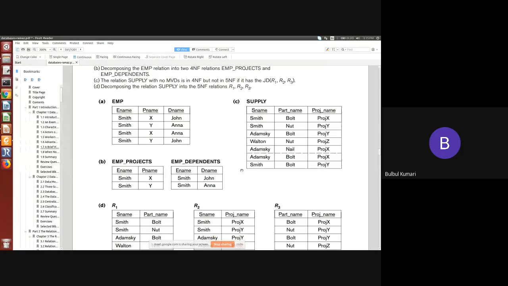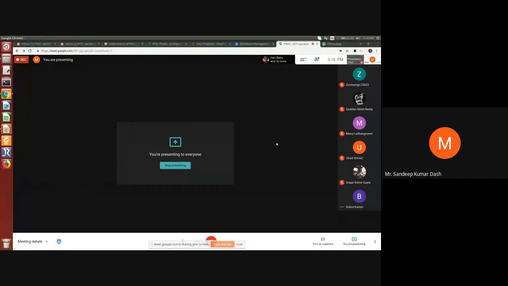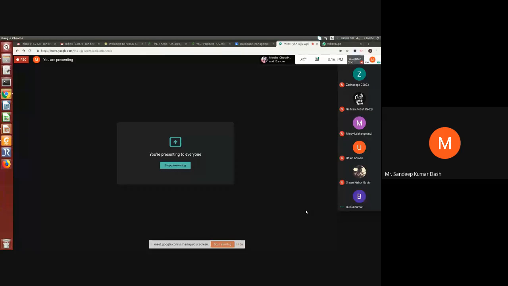Sir, screen is not visible. I cannot see your screen, sir. Anyone else? All of you can see, or only one? It is visible. Anyone else who cannot see? The screen is visible, sir. Bulbul Kumari, no? Yes, sir. You just log out and log in again. You should be able to see. Okay.